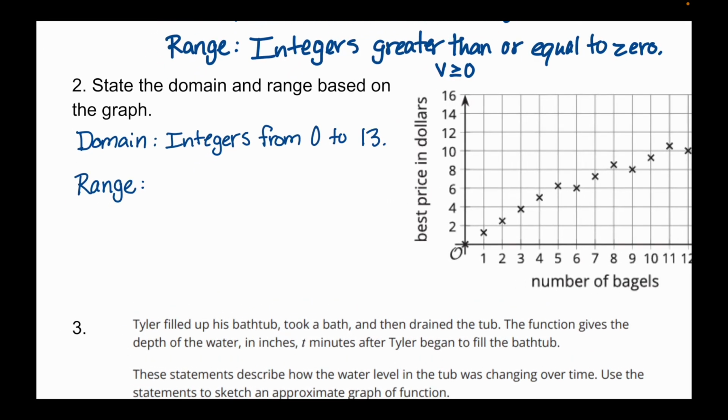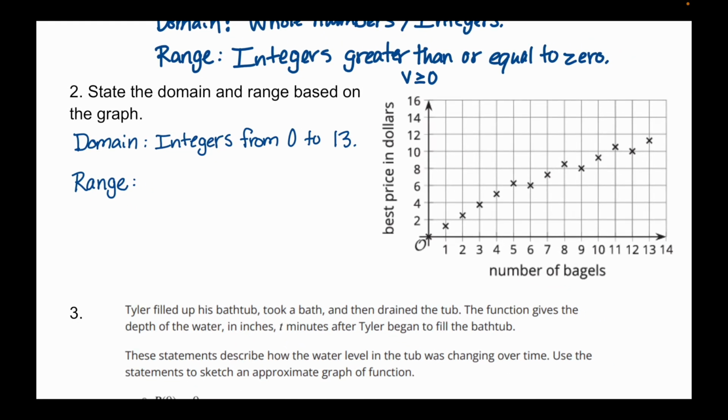And with domain and range, we're only going to state the range that is shown to us. So this is not necessarily whole numbers, though. So it does include 0, but it's dollars, so we're allowed to include cents and things like that.